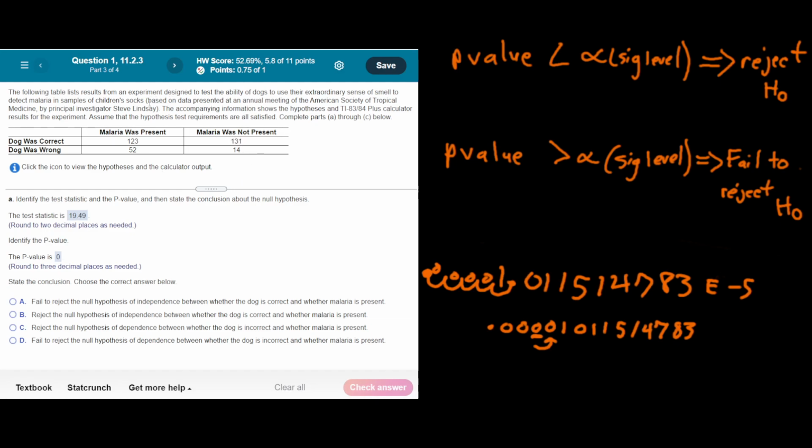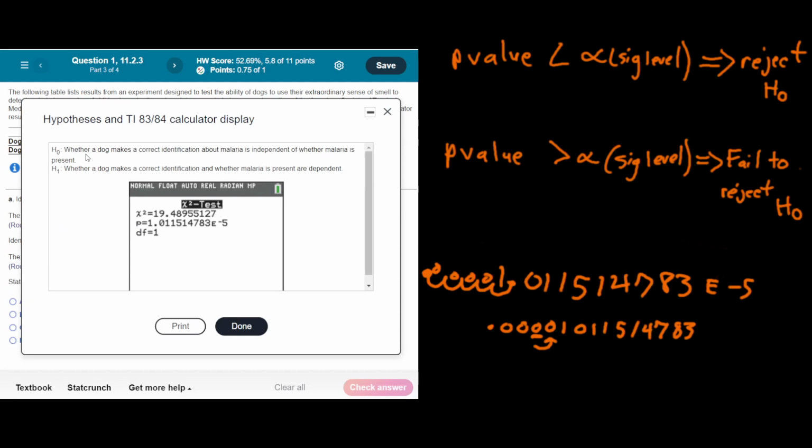So this particular table here has 2 rows and 2 columns. So your null hypothesis is in terms of the relationship between the rows and columns. You're always going to say that your null hypothesis is independence of the 2 rows. So the 2 rows are independent of each other. So let's take a look at the actual terminology. So H sub 0 in this word form, it says whether a dog makes a correct identification.